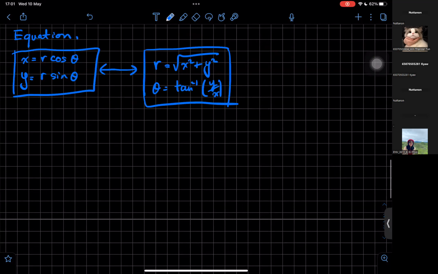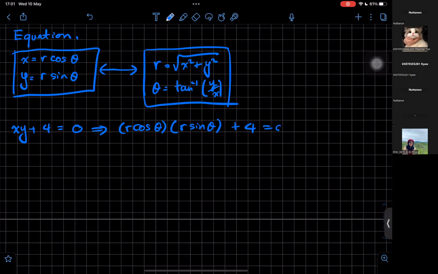So if they give you xy plus 4 equal to 0, like this one, and they want you to change to r and theta, then you just put x equal to r cos theta, y equal to r sin theta, plus 4 equal to 0, and that's it.